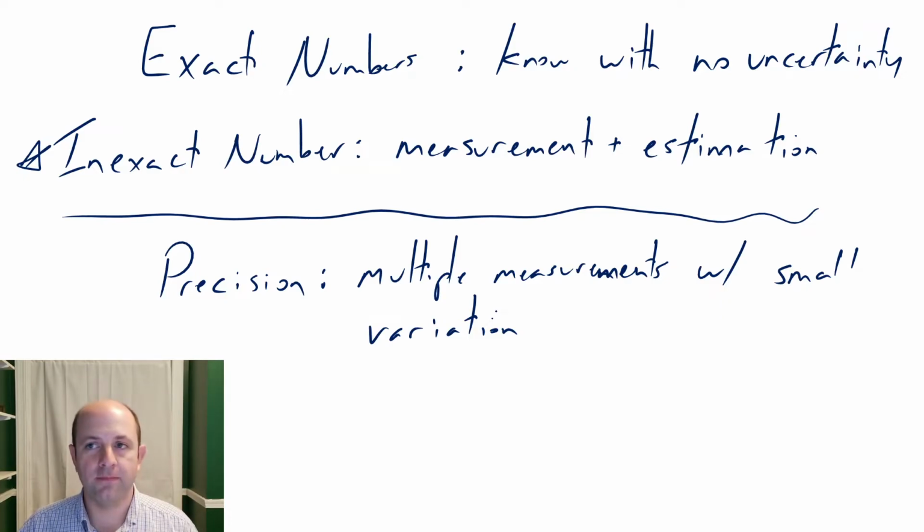So the idea being, maybe we've got a piece of equipment that has lots of tick marks, or maybe it's a digital equipment and it's got lots of decimal places shown that when we do the same measurement on the same object over and over, we can get the same number. Or if we need to get the same number repeatedly, and say like we're in our first lab, we're going to try to get 25 milliliters of water repeatedly. Well, which piece of equipment lets us get the closest to each other? Where it maybe not be 25, but the different measurements we do, they're all right up close next to each other. That's precision.